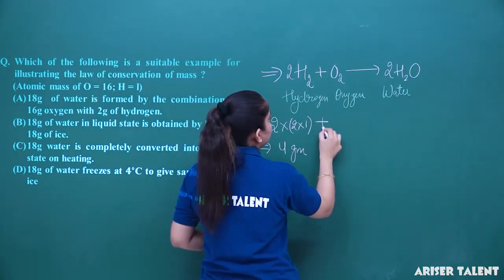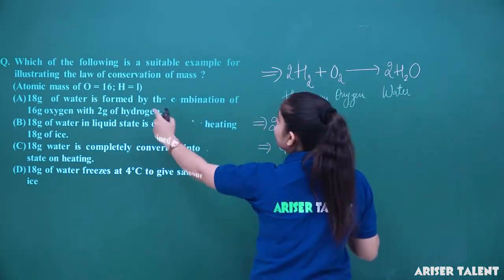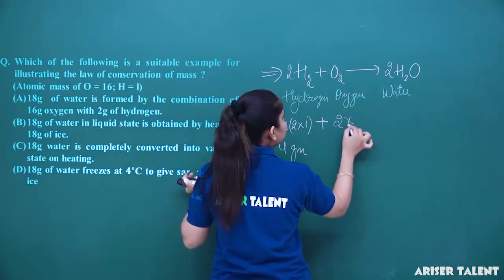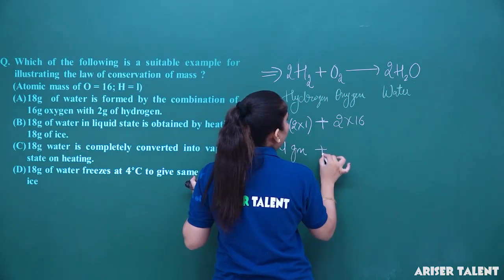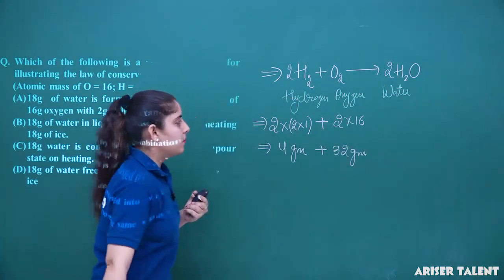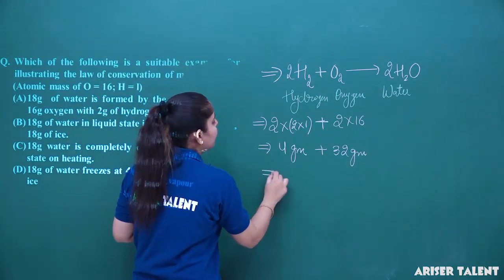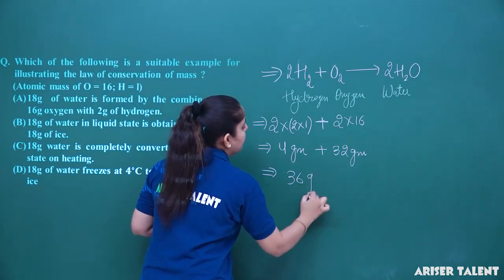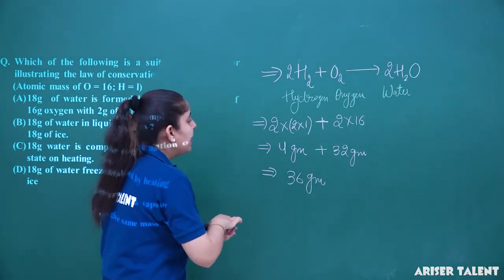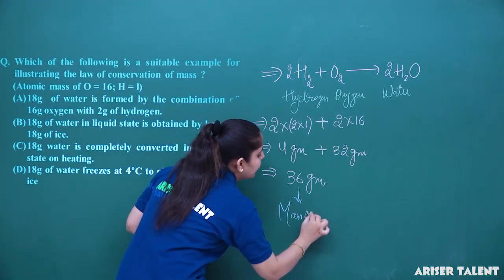Now, oxygen has 2 atoms and an atomic mass of 16, so it came out to be 32 gram. 16 into 2, 32. So 32 plus 4 will give you 36 gram. And here we have calculated the mass of reactants.